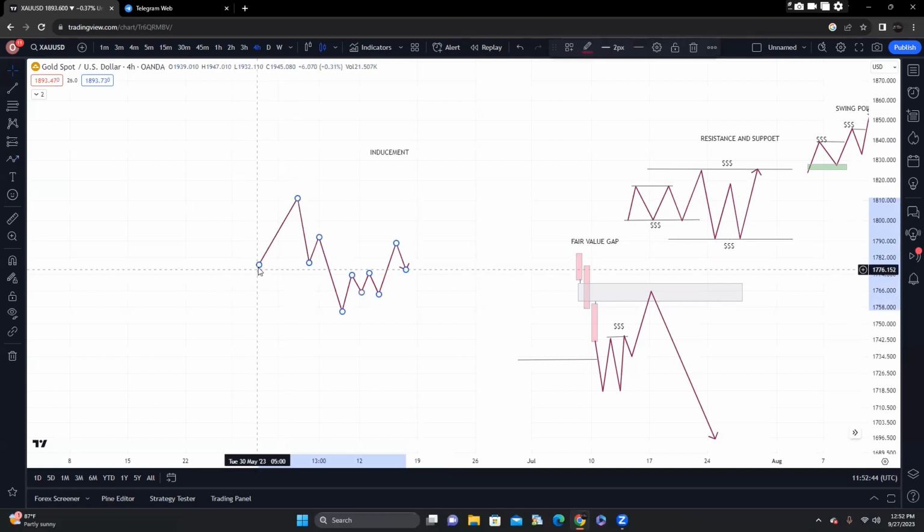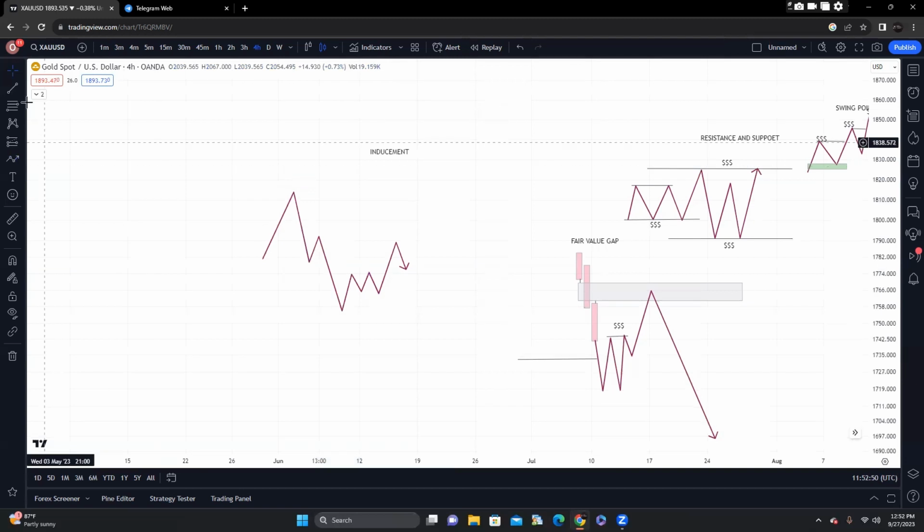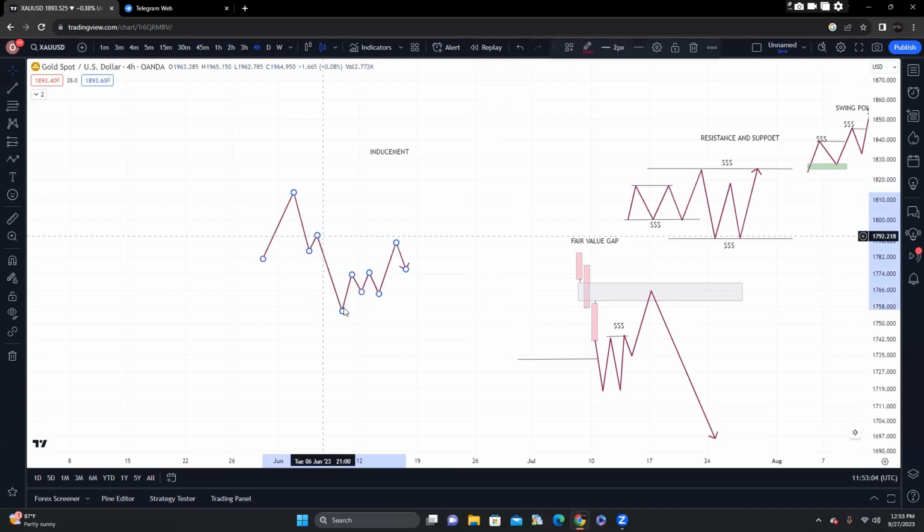Why? Because we see that price is bearish in this market structure. So what do we see here? You see that price is bearish. It made this low, right? Made this low here, and then this other small retracement followed it, and what happened?